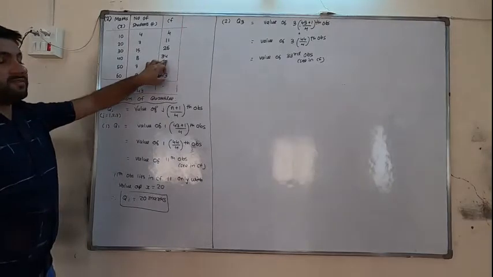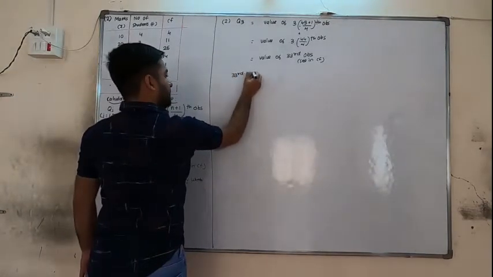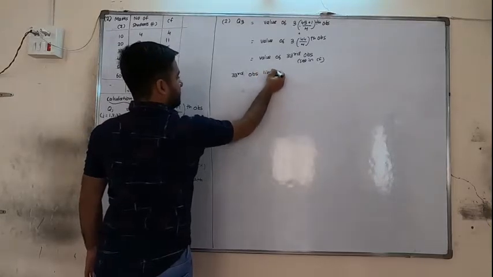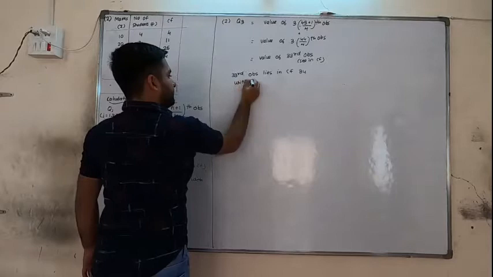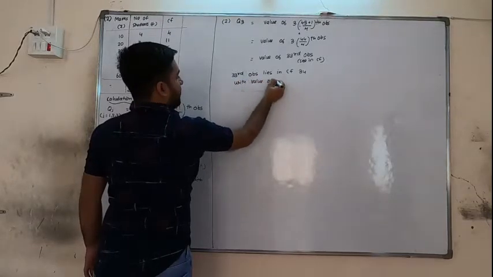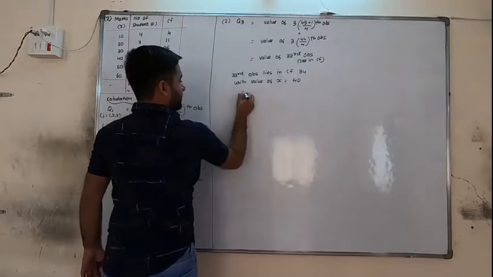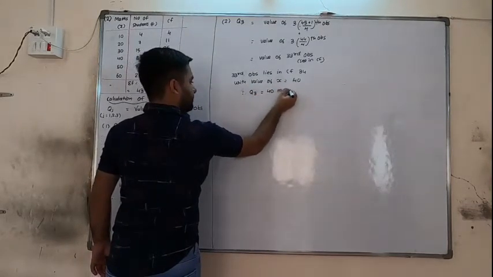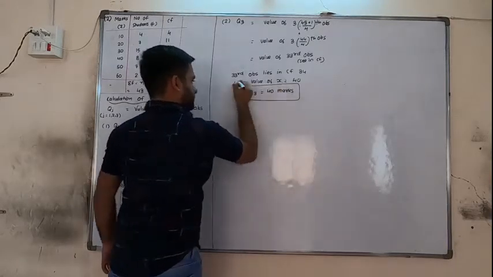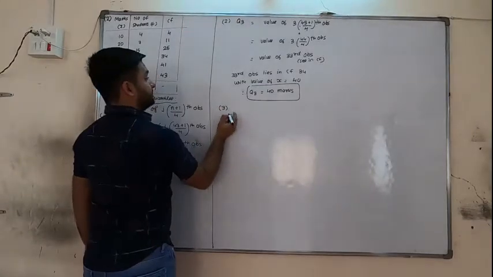So the 33rd observation will be in CF 34, with value of x equal to 40. Therefore Q3 is equal to 40 marks. Easy thing.